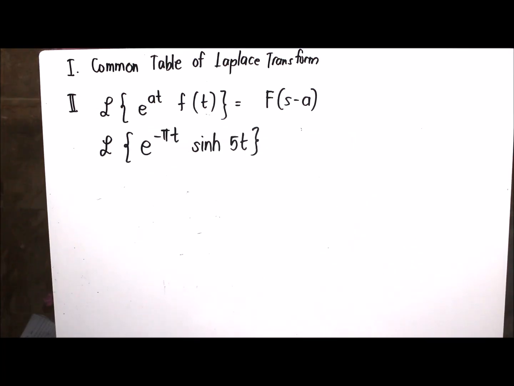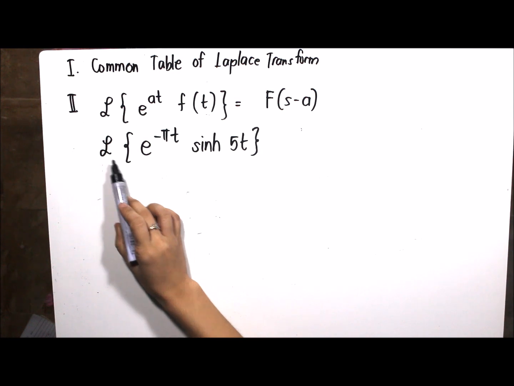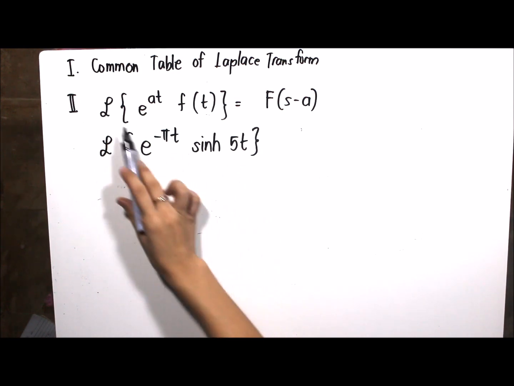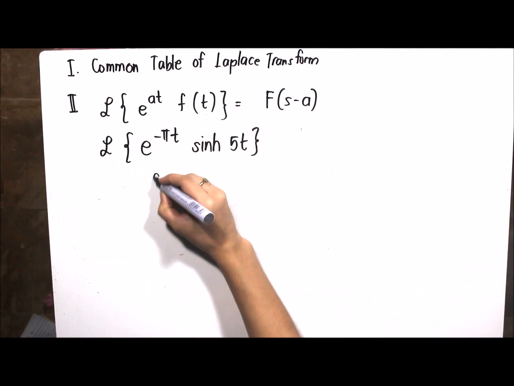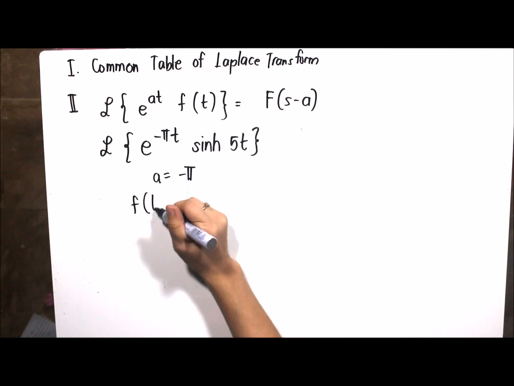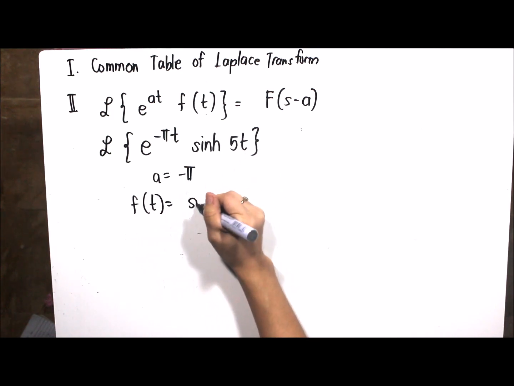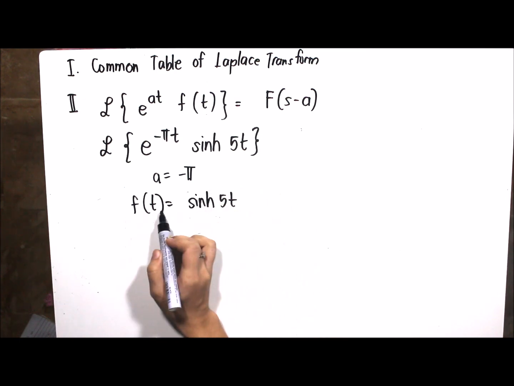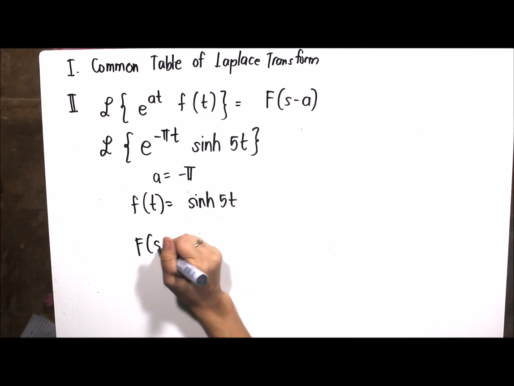Last example, if we are taking the Laplace transform of e raised to negative pi t hyperbolic sine 5t, same process. Identify what is a, and that is negative pi. Identify what is f of t. In this case, this is hyperbolic sine 5t. Take the Laplace transform of f of t, and that is F of s.